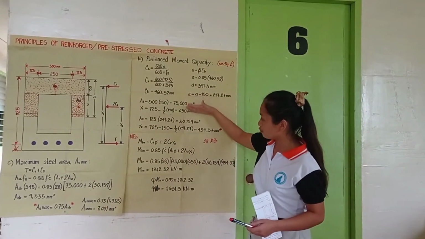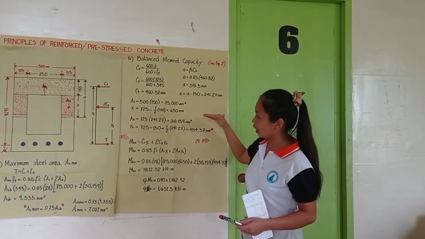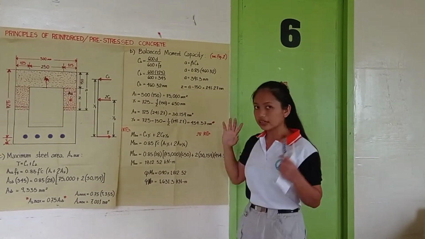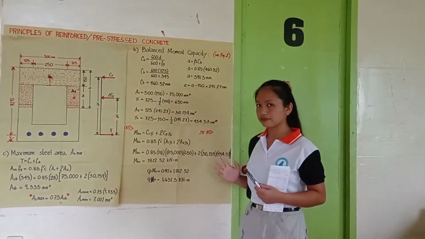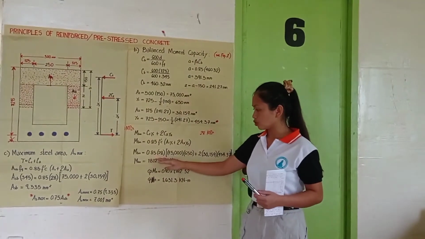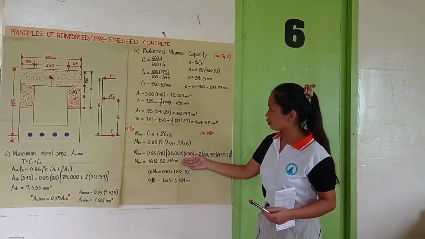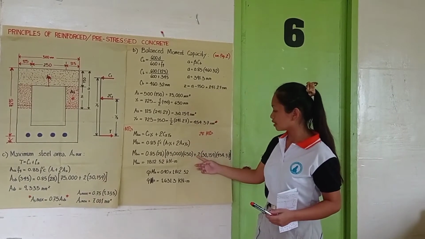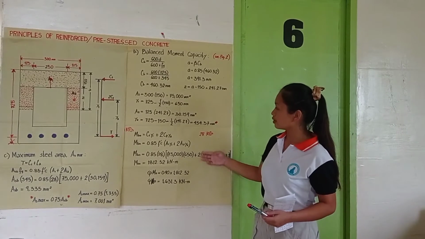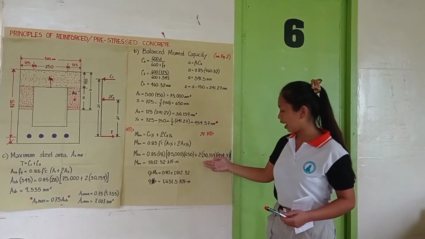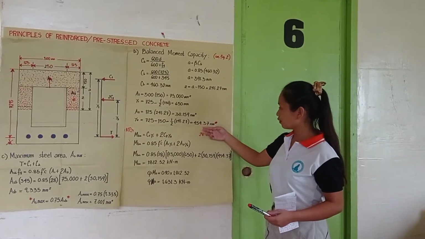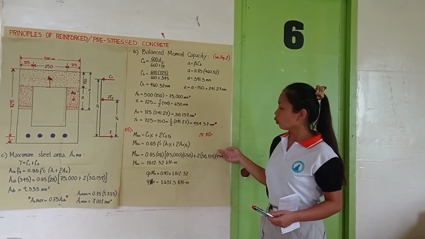Since we have the values for A1, Y1, A2 and Y2 here, let us already substitute everything. 0.85 times 28, 75,000 for A1, 650 for Y1, plus 2 times 30,159 for A2, times 454.37 for Y2.